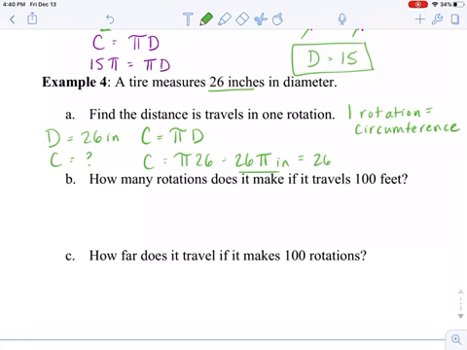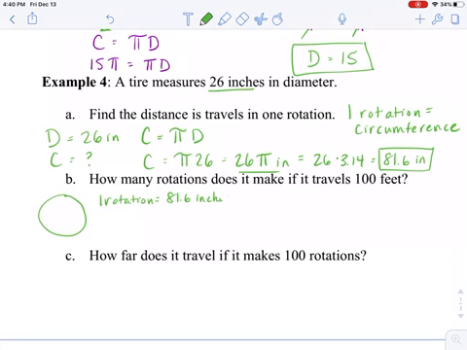So you would do 26 times 3.14, put it in your trusty calculator, and you would get 81.6 inches. Okay, so again, that's one circumference, or one rotation. We know that one rotation is equal to 81.6 inches.